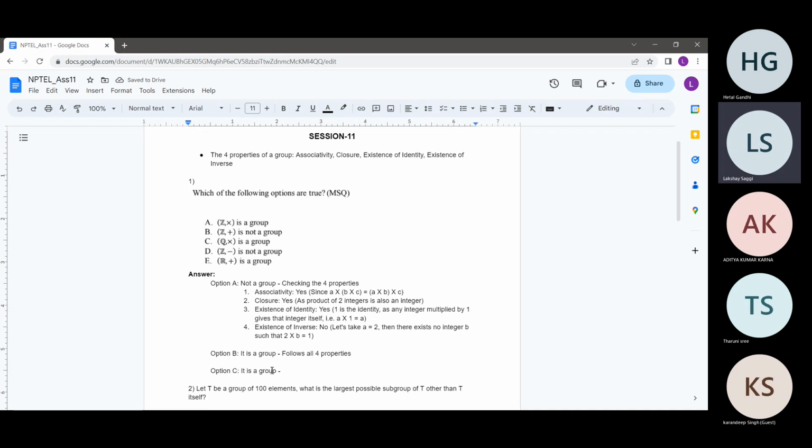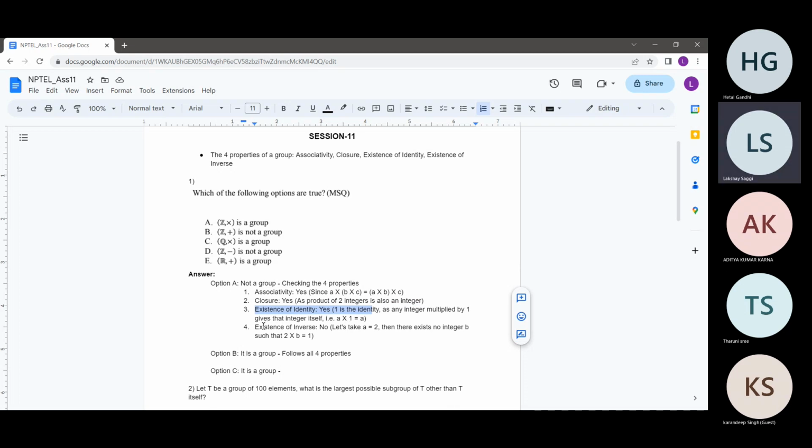You can check this again by yourself that since we are doing multiplication only, over set of rationals, all the time it is associative, all the time it has closure also since product of two rational numbers is also rational. Similarly, existence of identity. So here also one will be the identity because any rational number multiplied by one will give back the rational number itself.